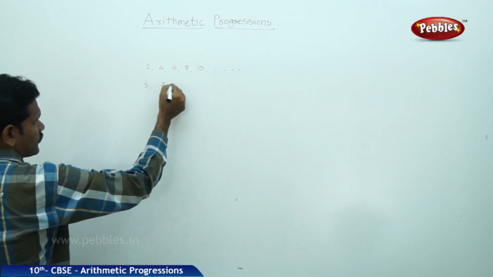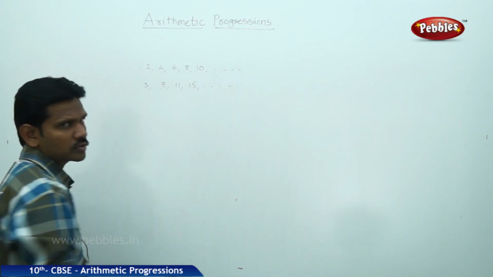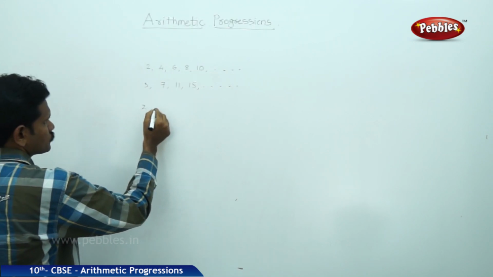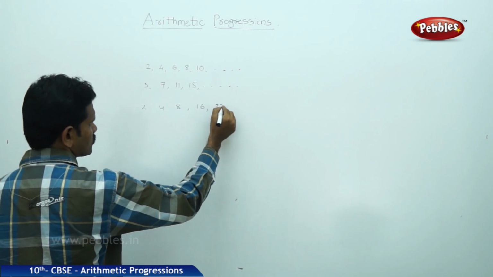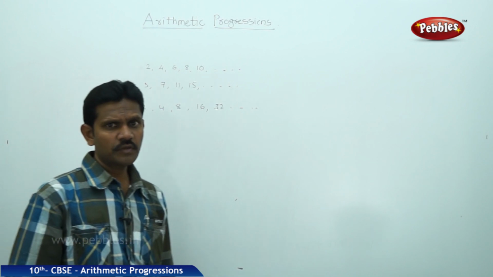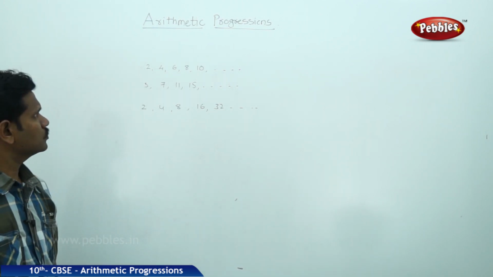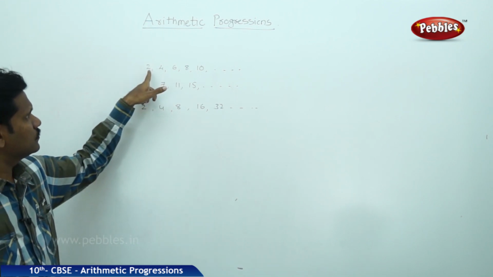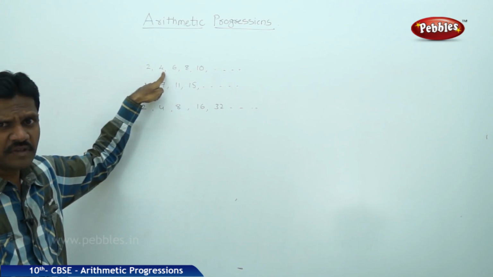3, 7, 11, 15 and so on. 2, 4, 8, 16, 32 and so on. If you observe these examples, in the first example 2, 4, 6, 8, 10, the next number is obtained by adding a fixed number.